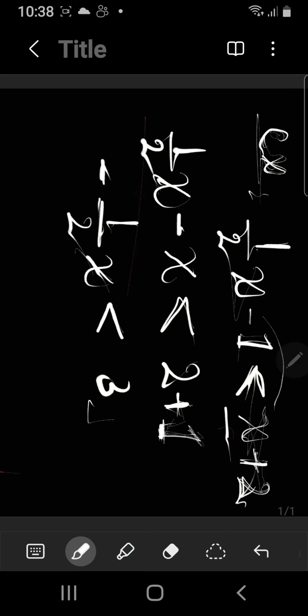By multiplying by the reciprocal of negative 1/2. The reciprocal of negative 1/2 is negative 2, okay? So multiply each side by negative 2.